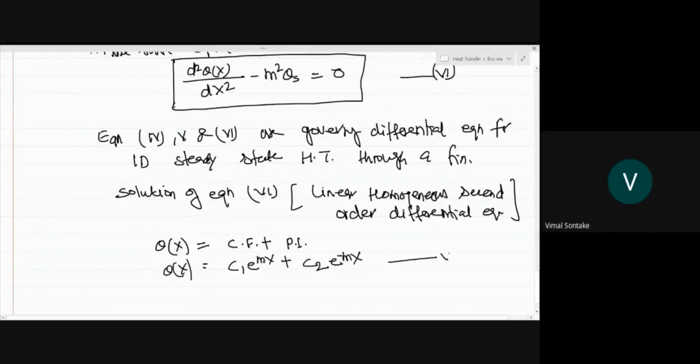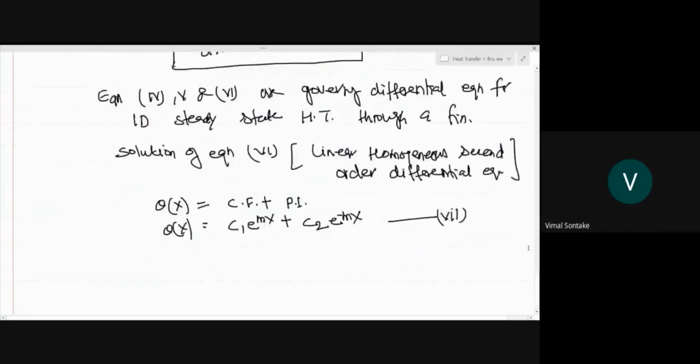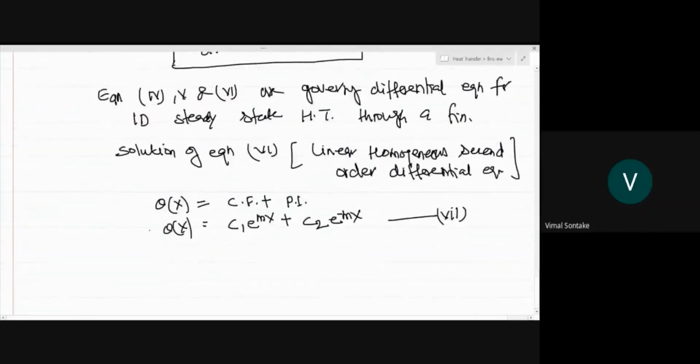Let's say this is equation number 7. And theta(x) can also be represented as T(x), that is temperature along the length of the fin at any distance x from the base surface, minus T infinity.